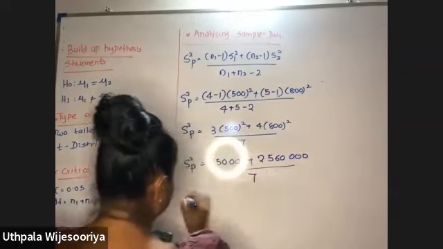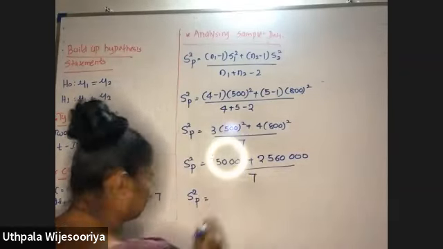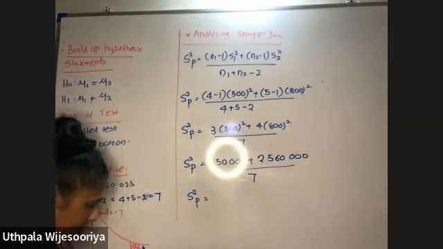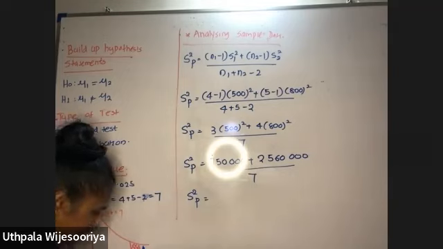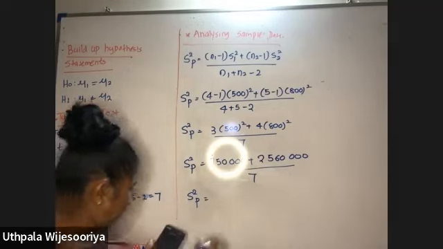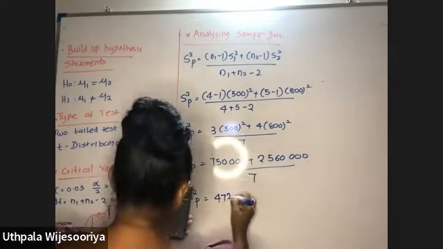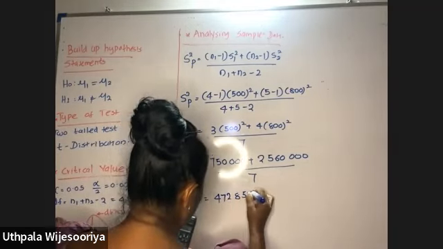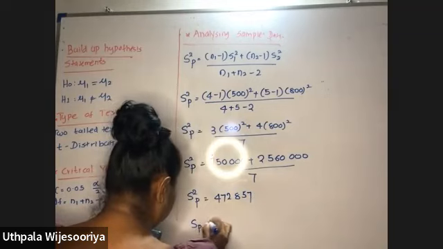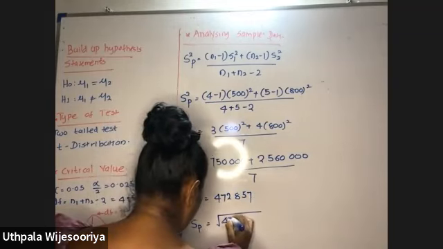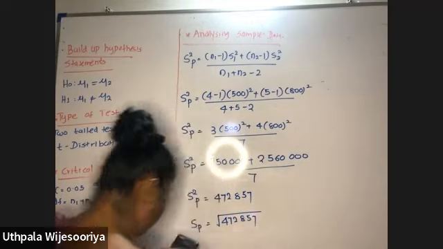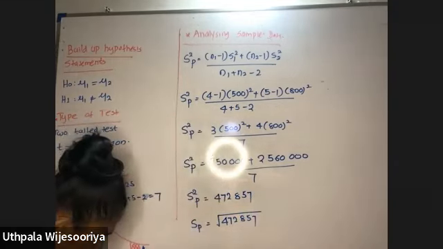The pooled variance is that divided by 7, which is 472,857. So then the pooled standard deviation is the square root of this, 472,857, which is about 470.